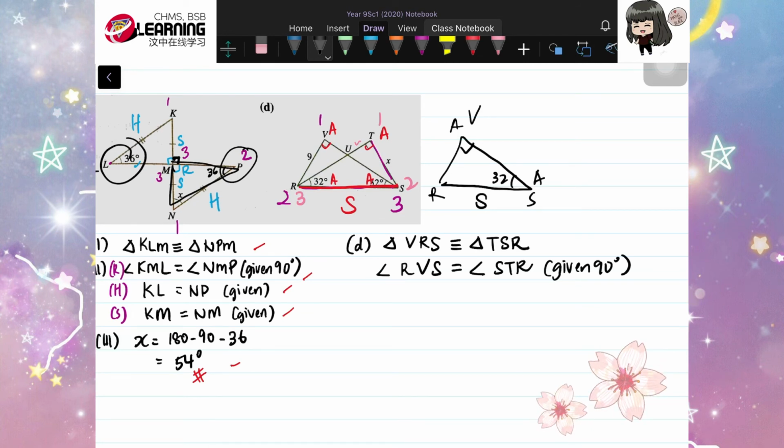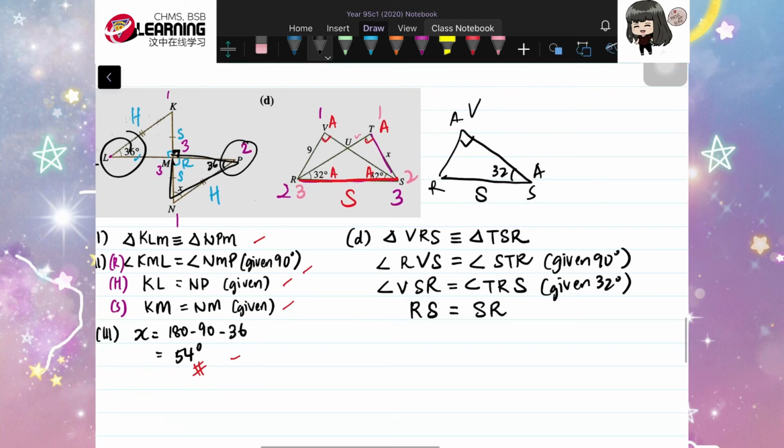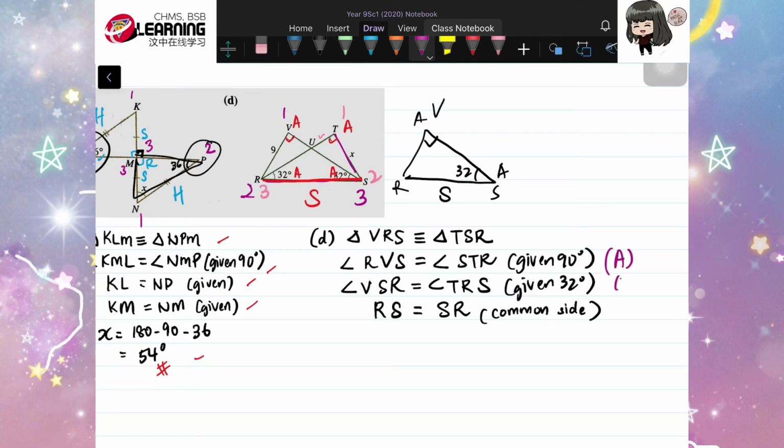And then we have another angle, angle VSR equals angle TRS, because it's given 32 degrees. And then the side RS equals SR because it's a common side. So this is angle, side.